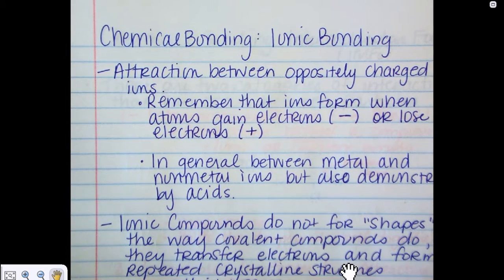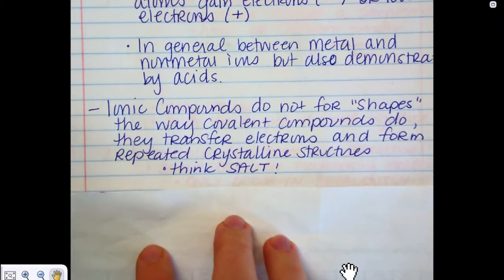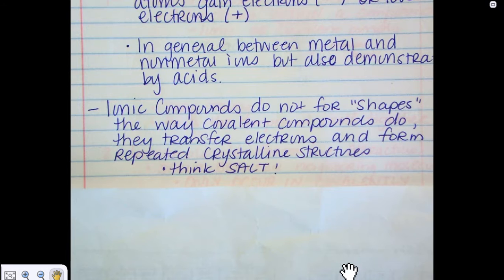A difference between ionic compounds versus covalent compounds: covalent compounds form shapes, right? Trigonal planar, tetrahedral, pyramidal. Ionic compounds don't form shapes that way. They form crystals, think like salt. So we are going to show in what we're drawing how the ions are formed, not necessarily how the crystalline structure is formed.